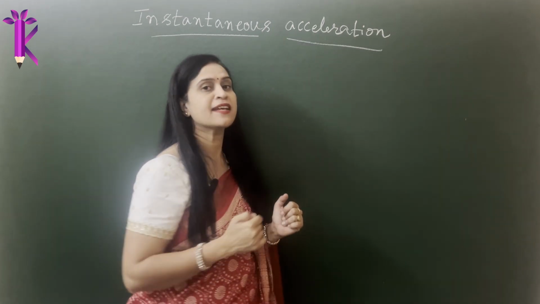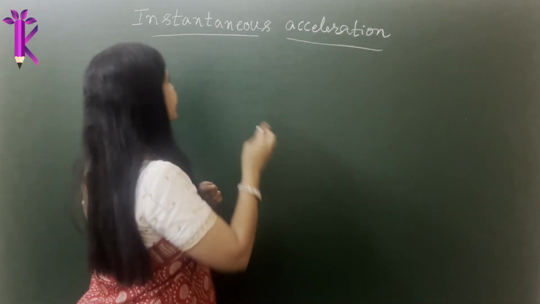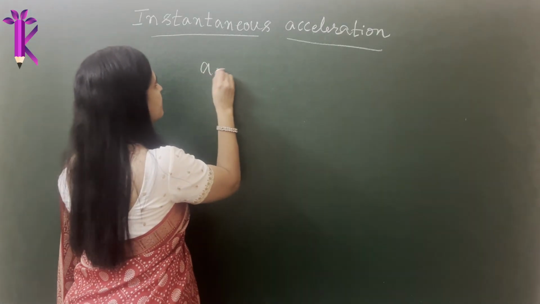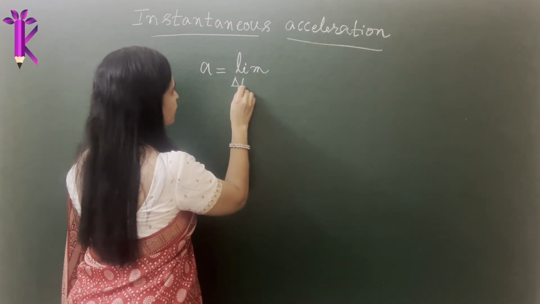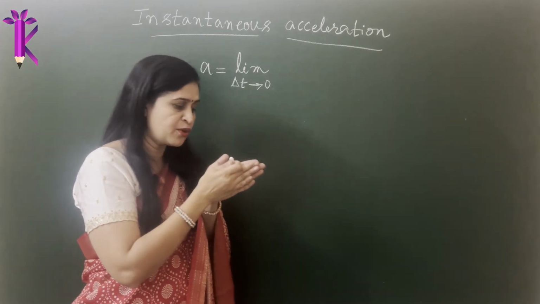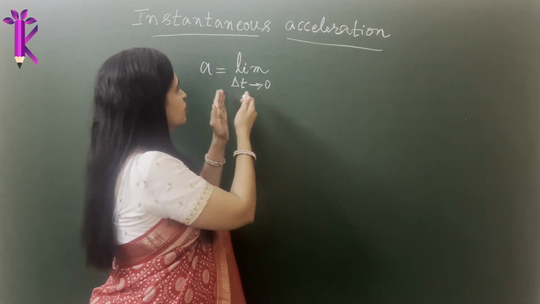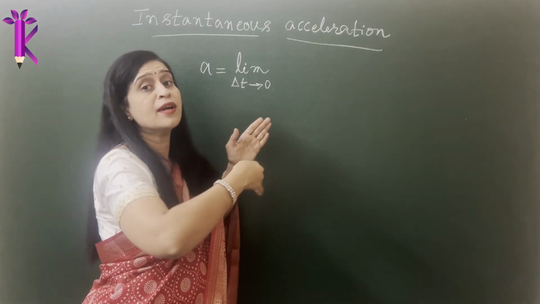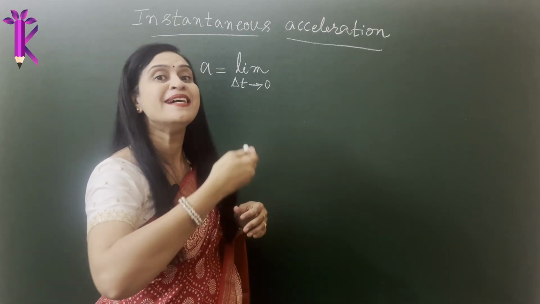So instantaneous acceleration, which is represented by the letter small a, is given by the limit as delta t tends to 0. That means the change in time tending to 0. There is absolutely no change in time. It can't tend to 0, we are assuming that we are measuring it at a particular instant of time.